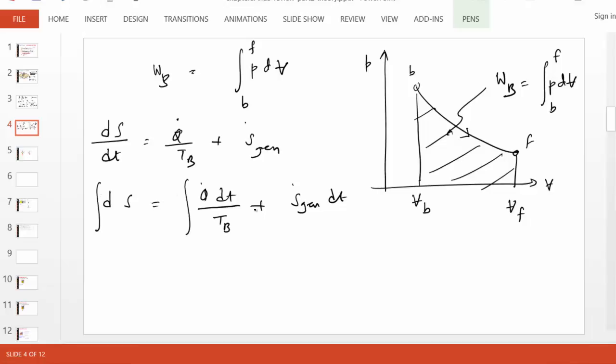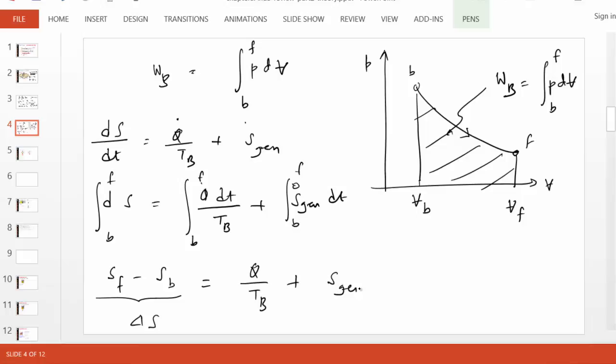And now when we integrate from the start of the process to the end of the process, we get SF minus SB, which is delta S of the system. And that equals, if boundary temperature doesn't change during the process, you can write that as Q by TB, plus the rate of entropy generation times dt.